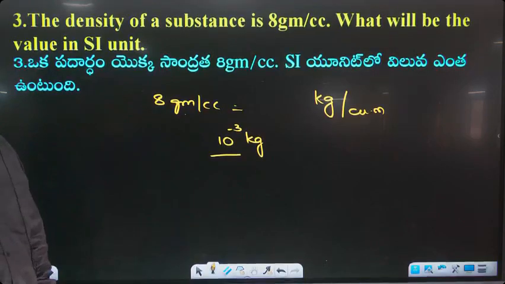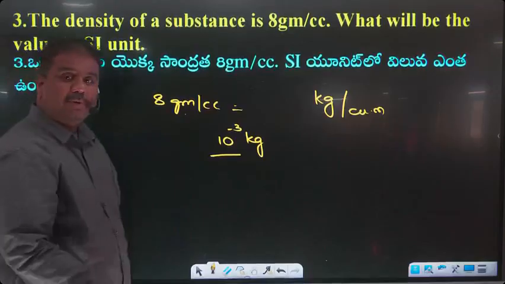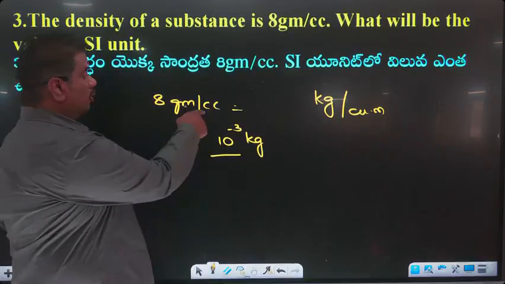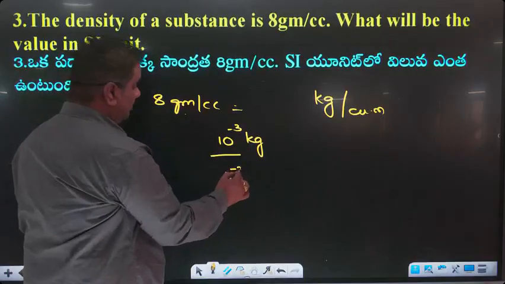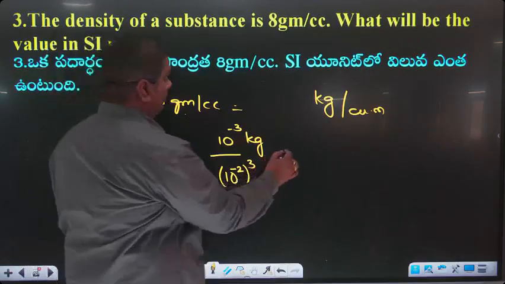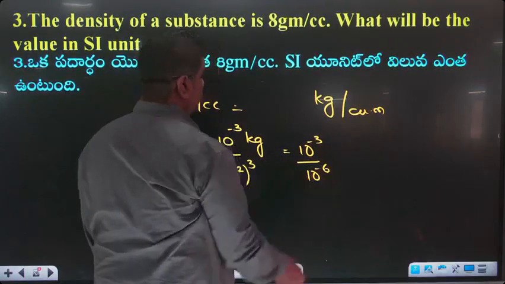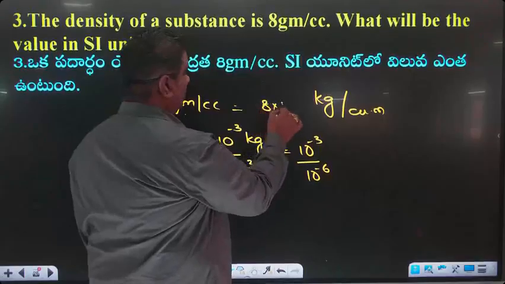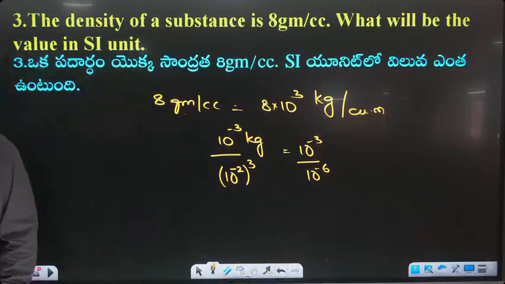Generally people ask 1 meter equals how many centimeters. 1 meter equals 100 centimeters, so 1 centimeter equals 10 power minus 2 meters. But here we are talking about cubic centimeters, so it is 10 power minus 2 whole to the power 3. So this is 10 power minus 3 by 10 power minus 6. It means it will be 8 into 10 power 3 kg per cubic meter.